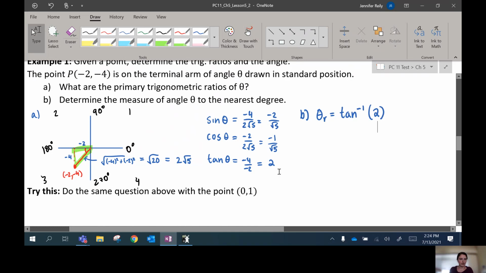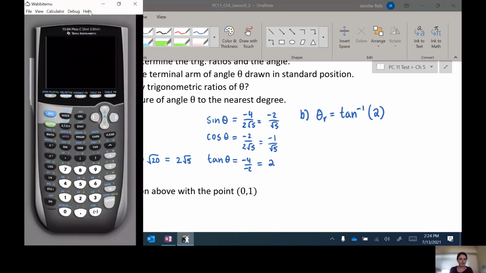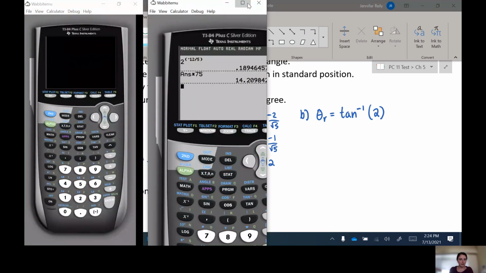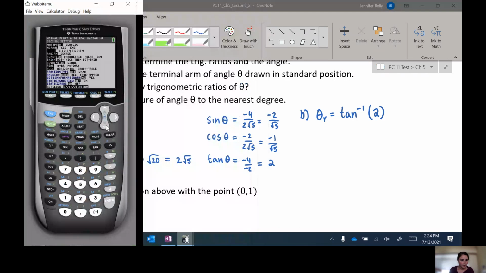If we do that on our calculator here, I'll open a new one, and I'm going to make sure I'm in degree mode. You should always do that. Then I'll type tan inverse of 2. That will give me the reference angle. When you use the inverse tan, cos, and sine buttons, they're always going to give you an acute angle, so that's going to be your reference. 63.4 degrees, and we're rounding to the nearest degree, so it'll be about 63 degrees.